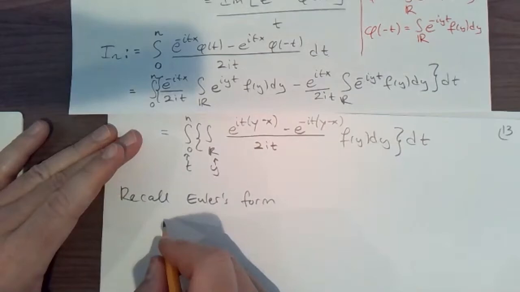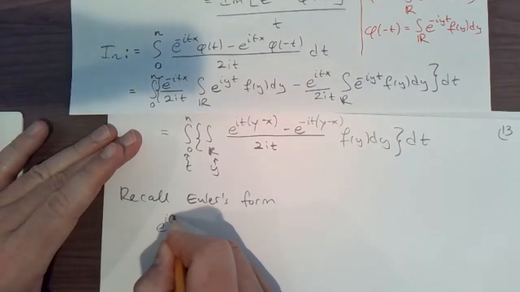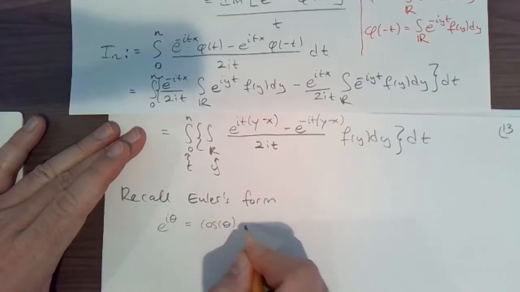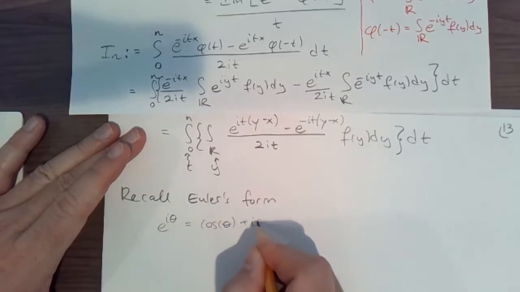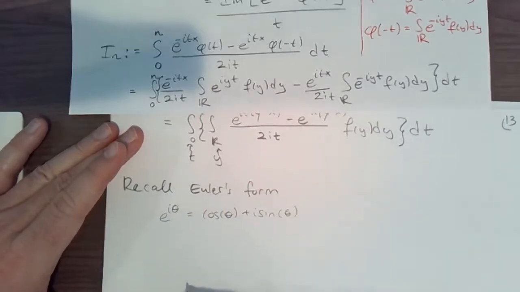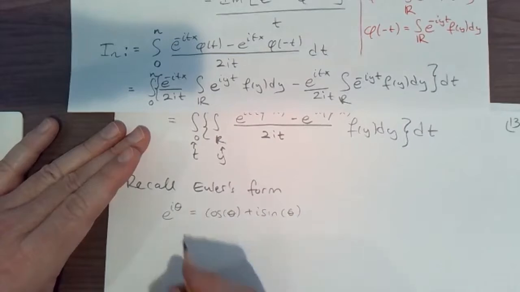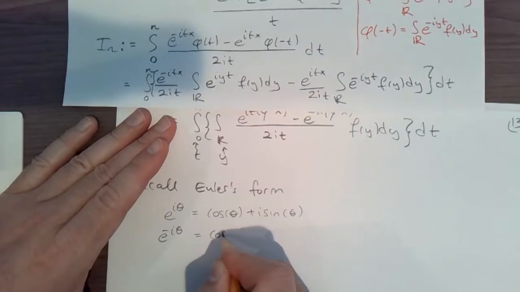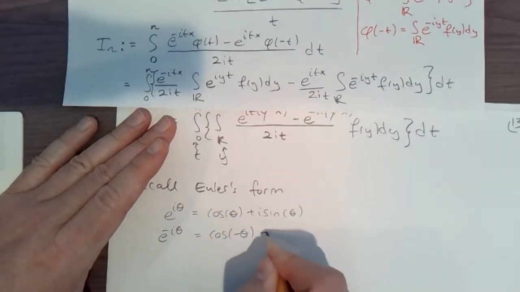It says e^{iθ} is cosine θ plus i sine θ. And then of course, if I do it with a minus, e to the minus iθ, that's going to be the same thing, but with a minus θ in there.